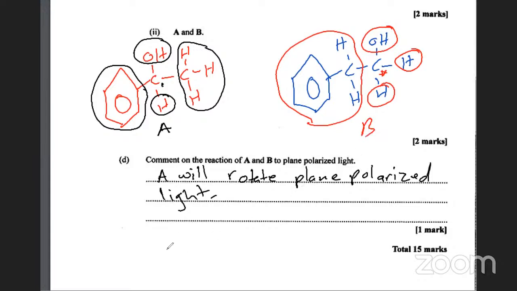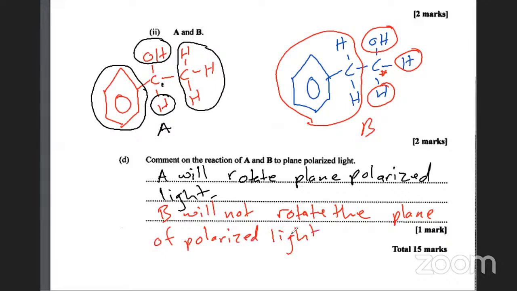So call this one B. So say B will not rotate the plane of polarized light. Right, so that is all you know. So the polarized light was hinting whether or not it is a chiral compound.